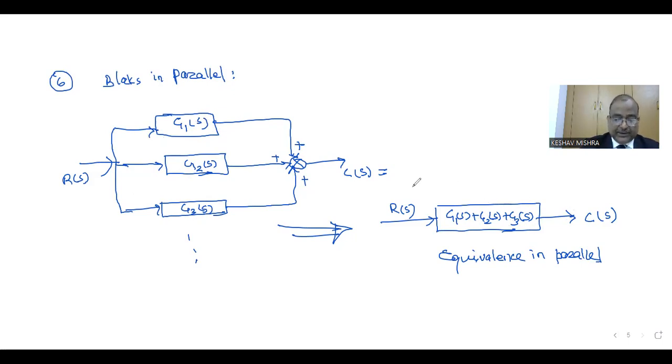This is the blocks in parallel rule, rule number 6.